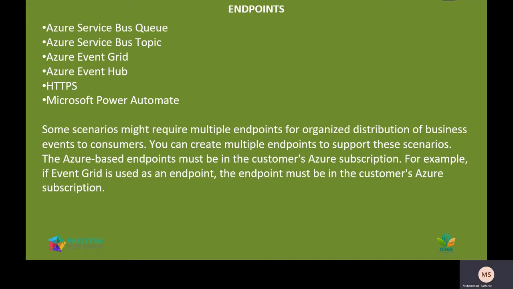In some scenarios, you might need to attach multiple endpoints to a single business event, and that is possible. That could be done for organized distribution of business events to the consumers. For all those endpoints that are in Azure, they must reside in the customer's Azure subscription, and it will incur cost. So that is something to be considered.